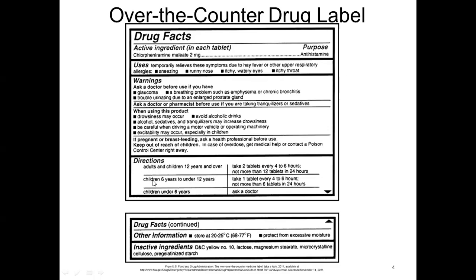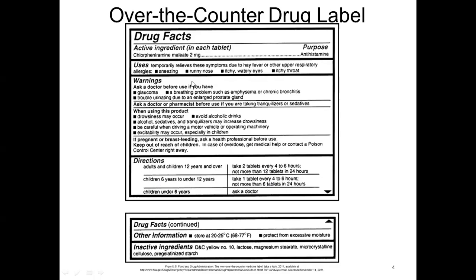For children 6 years to under 12 years, take 1 tablet every 4 to 6 hours, not more than 6 tablets within 24 hours. For children under 6 years, always talk to a healthcare provider.